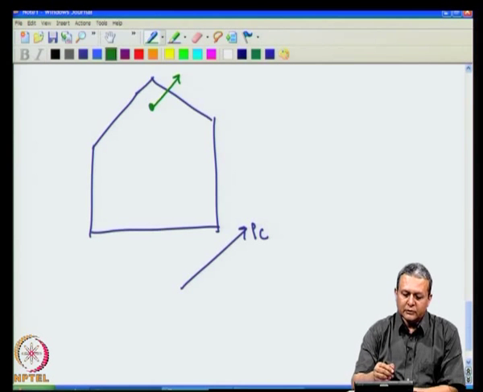Now, suppose the initial point was somewhere here, and we move along the direction PC.